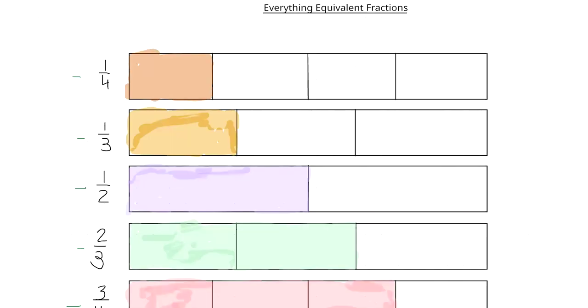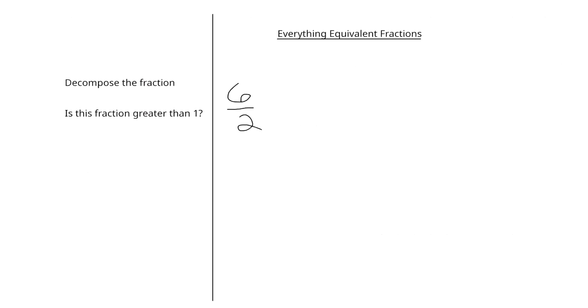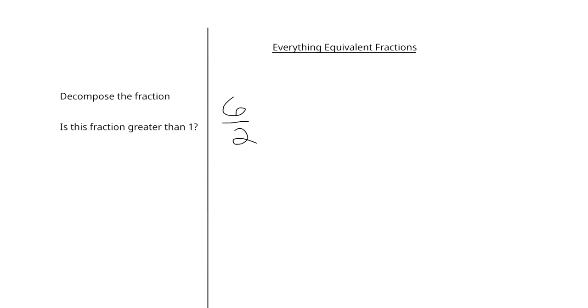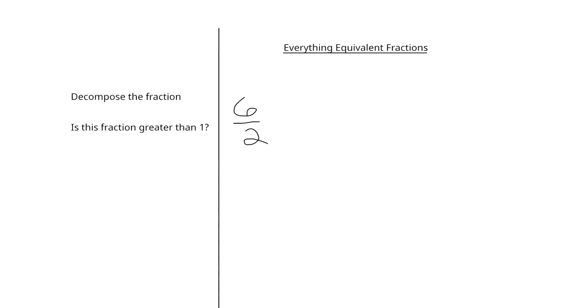Just memorize them. These are called benchmark fractions, and they help you compare fractions. It's just another method you can use to compare fractions. And again, remember, I am zipping through this video, but you can pause to take a minute to think, slow down, and understand what I'm doing.